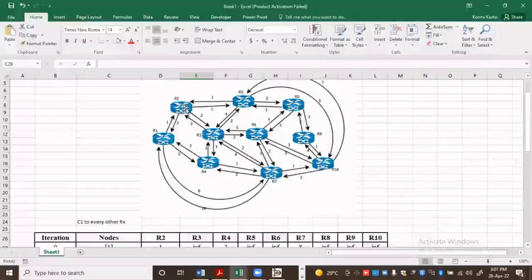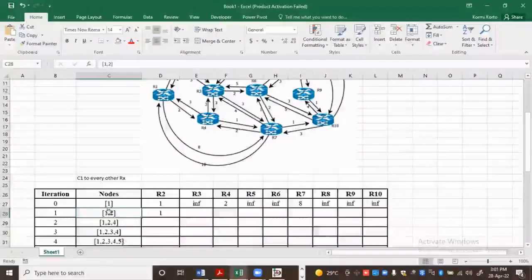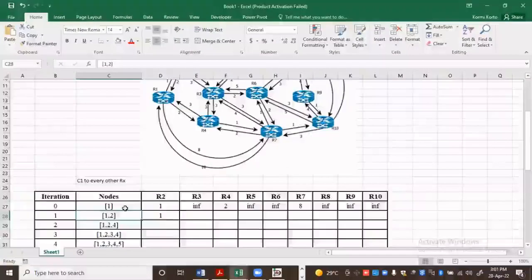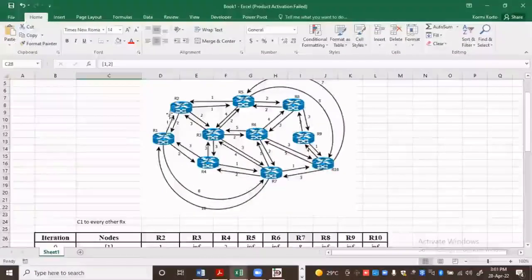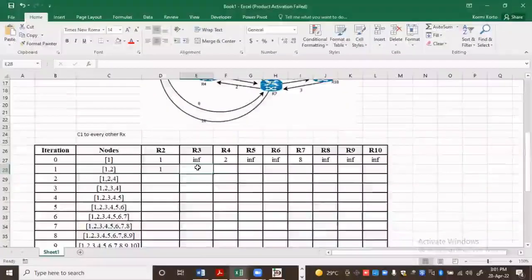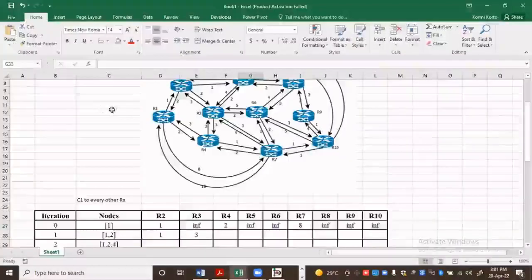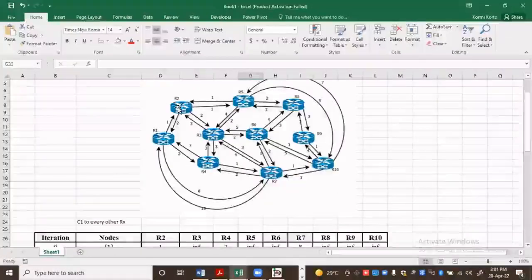So what's the cost? From R1 to R2 it's 1, plus R2 to R3 is 2, which is 3. So 1 plus 2 is what? 3. That's the cost associated with moving packets from router 1 as a customer to router 3. You go through R1 to R2 to R3. R1 to R2 is 1, R2 to R3 is 2, so 2 plus 1 is 3.